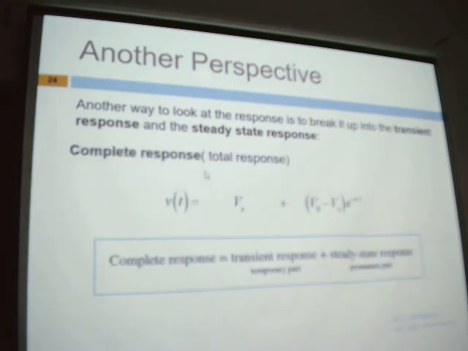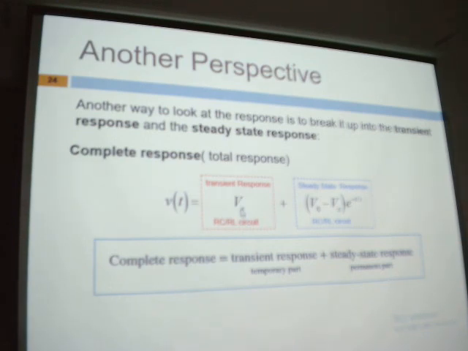A complete response is equal to Vs plus (V0 minus Vs) e to the minus t over tau. This part we call the transient response. This part we call the steady state response.